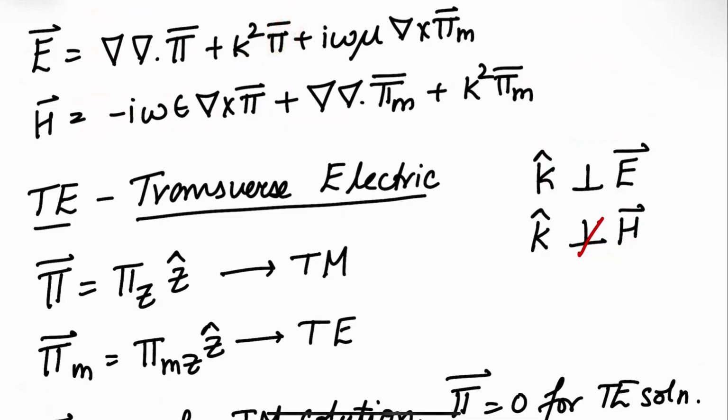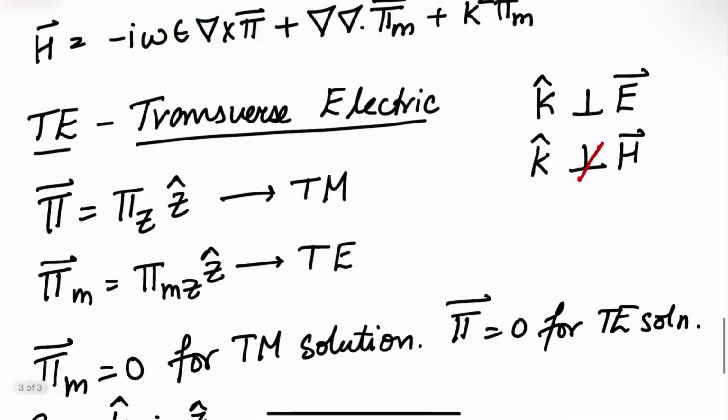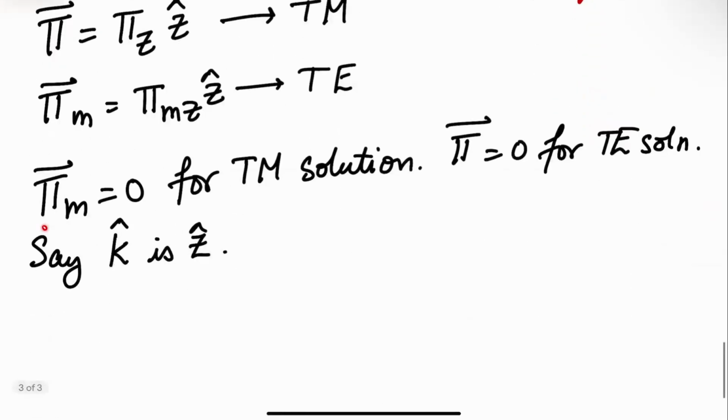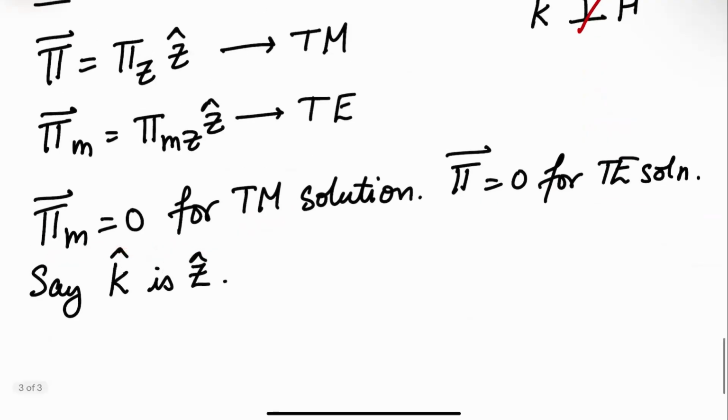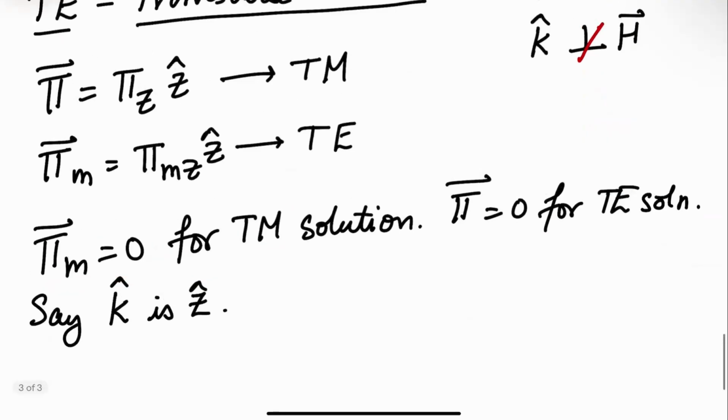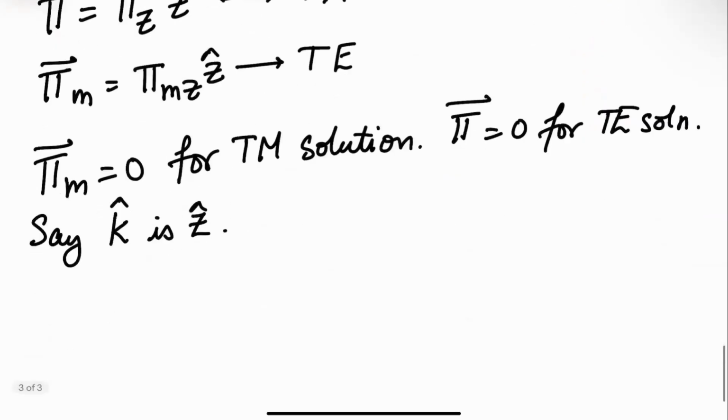Similarly for the Tm solution, pi m has to be 0, otherwise H would have a component along z hat. That's the reason pi m must be 0 for Te and pi must be 0 for Tm. Okay, hopefully that makes sense.